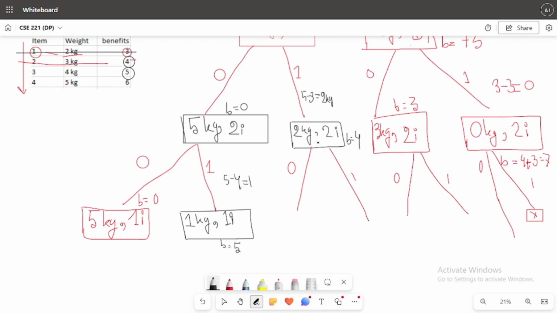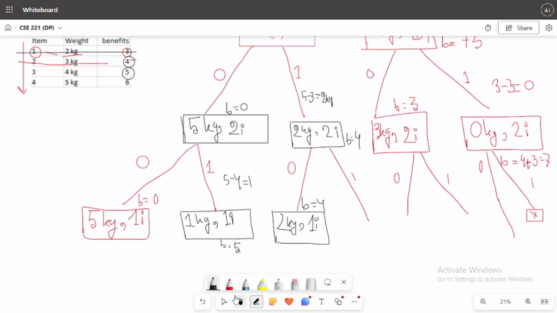Now for 2 kg, and it is 4 kg, right? As it is 0, so we will not pick anything. So 2 kg, and it will be 1 item. So benefits here is 0, and our previous benefits was 4. Okay, now if we pick any item, then what will happen?